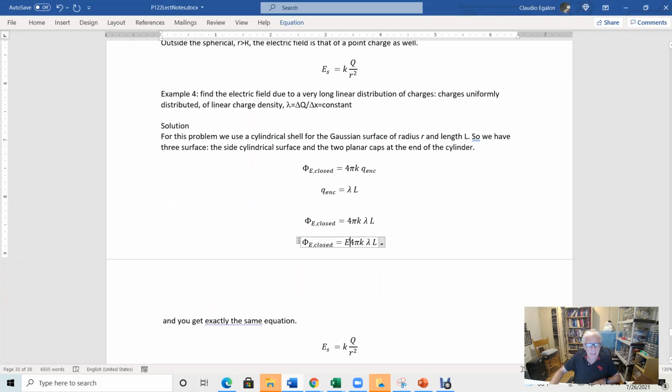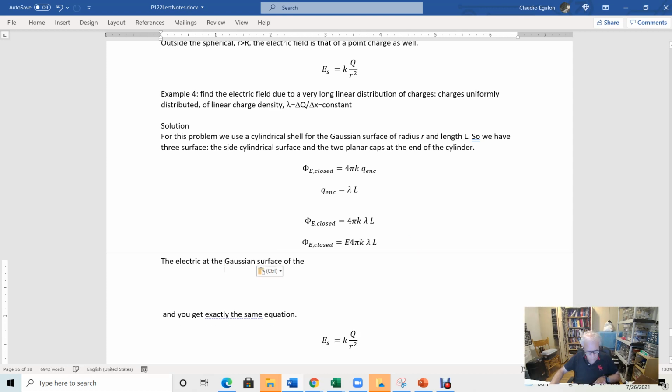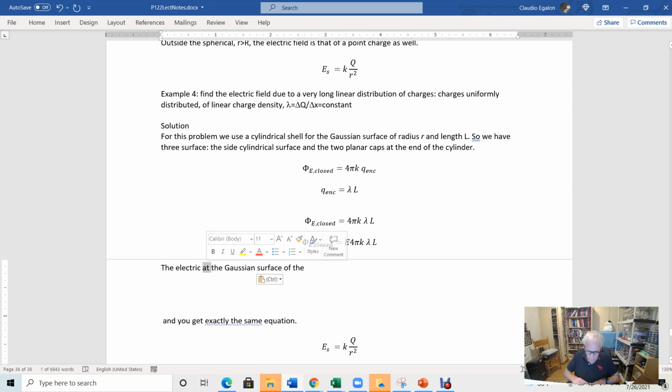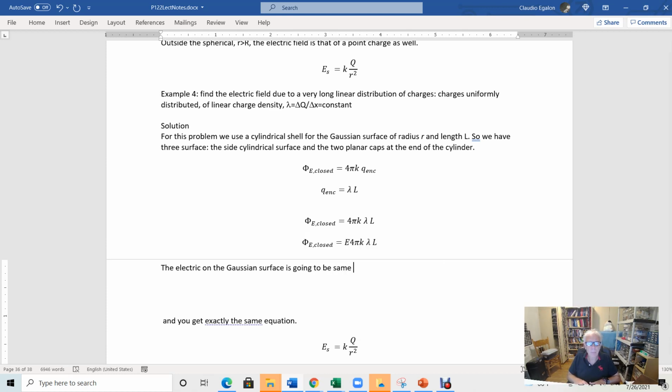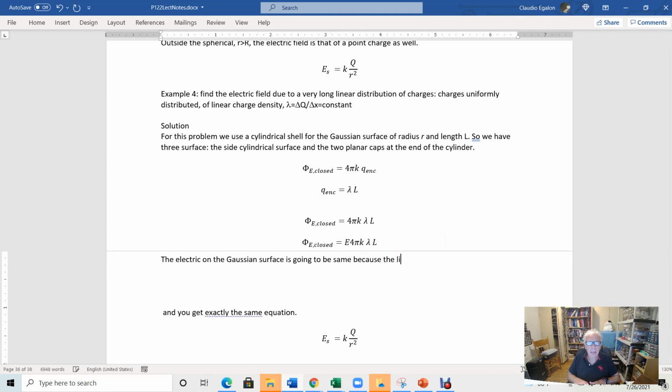Okay, so let's write that down. The electric field at the Gaussian surface is going to be the same because the linear charge distribution is very long.